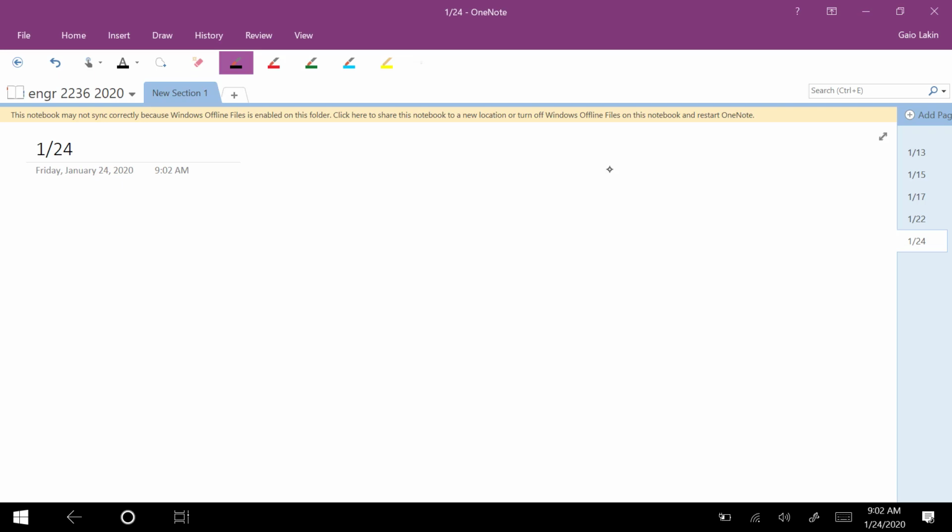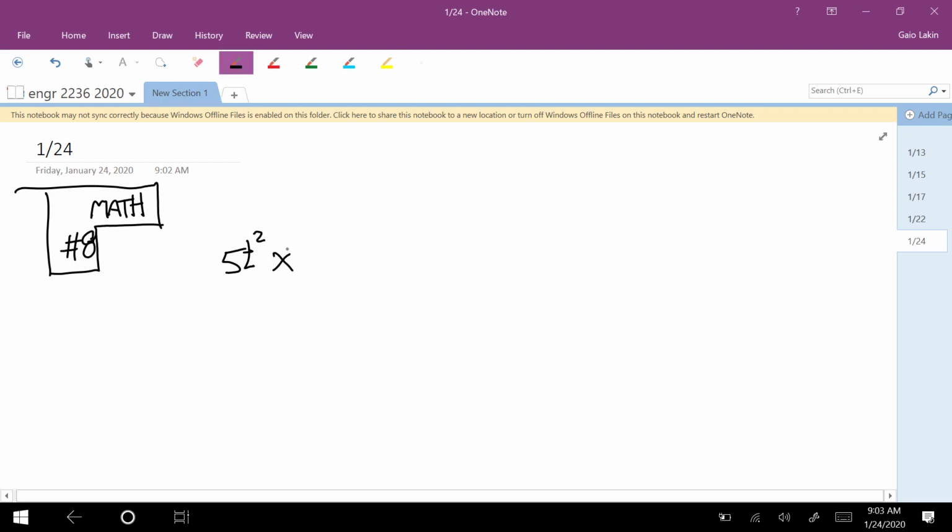So the first one, this is in the math preliminaries, number 8. And the equation is 5t squared x double dot is equal to 50, where x of 1 is equal to 2 and x of 10 is equal to 20.